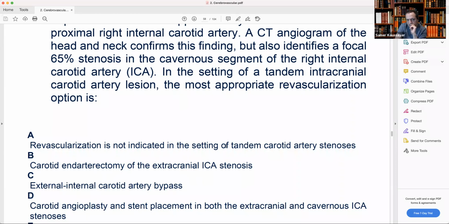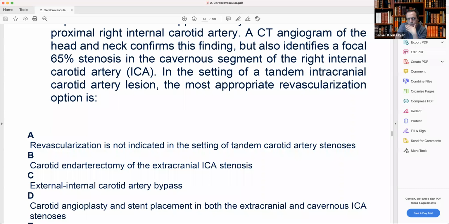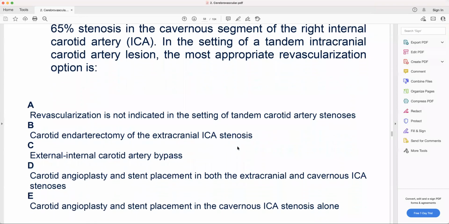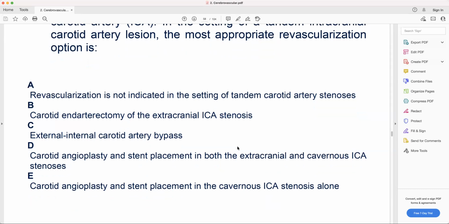So this is wrong. Revascularization is not indicated in the setting of tandem lesions? This is wrong. We still do revascularization of the internal carotid if it's stenotic enough, more than 50%. Okay. So next one: carotid endarterectomy of the extracranial internal carotid artery stenosis. Yes. This is the only thing I will do. External to internal carotid artery bypass is wrong by default.